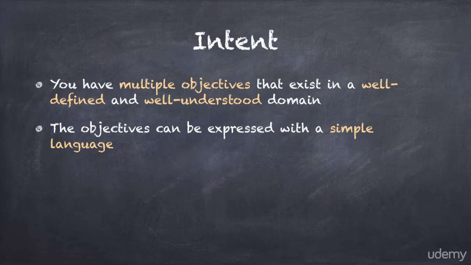Okay, let's go through these points. This pattern is of great help when we are working with so-called domain-specific languages, or DSLs. A domain-specific language is a simple language with its own grammar that describes a solution in a specific domain.